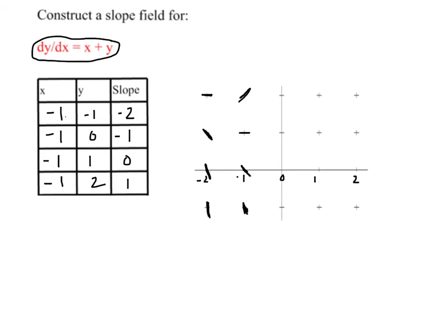Slope of +1. Okay. Let's go to the next x-coordinate, which is 0. So 0 plus -1. So I've got -1 as a slope, 0, 1, and 2.